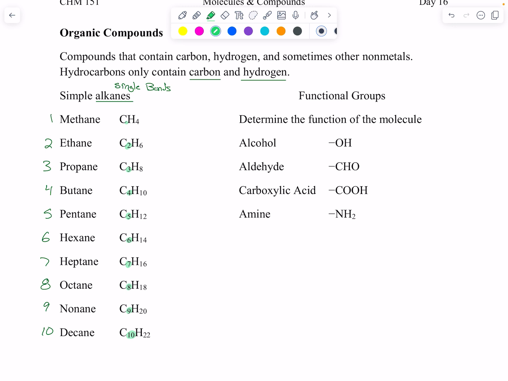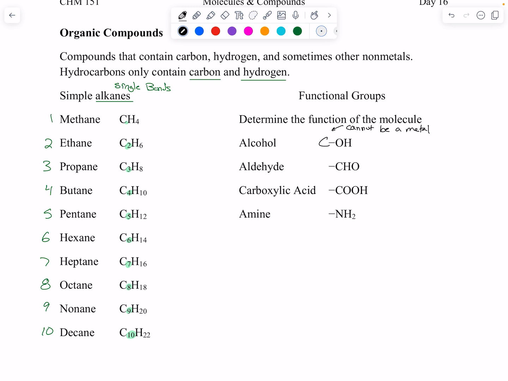All right, now there's something called functional groups, and as they're appropriately named, they determine the function of the molecule. Alcohol. Now, the alcohol, this has to be like a carbon or something. It cannot be a metal. Like sodium with OH, not an alcohol.